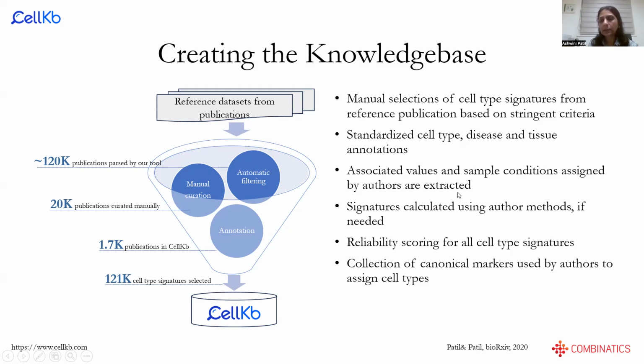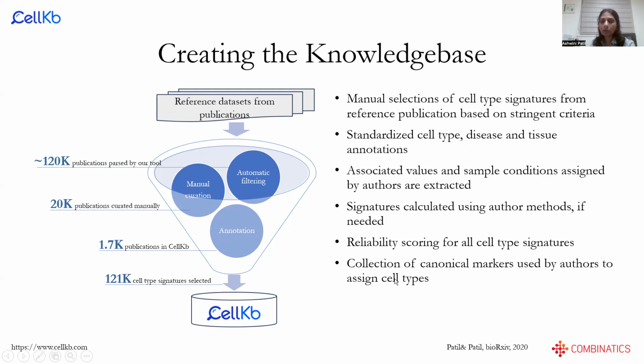In many cases, the signatures are collected from the supplementary materials of the papers. If they are not present in the supplementary materials, but the authors have provided access to their raw or processed data, then we will take those and generate signatures for cell types that have been annotated by the authors in the paper. All signatures that we collect are then scored for reliability.